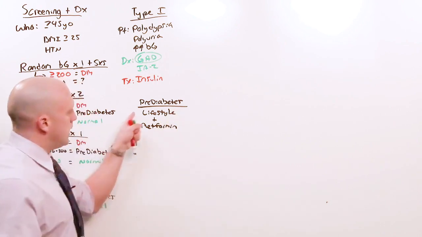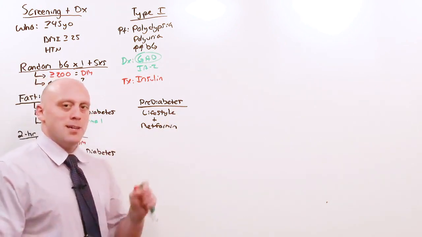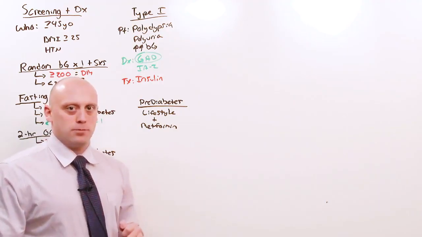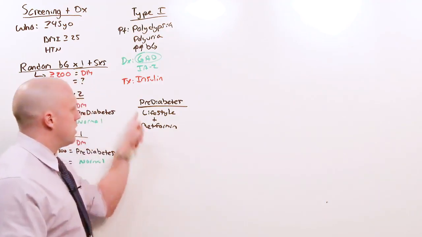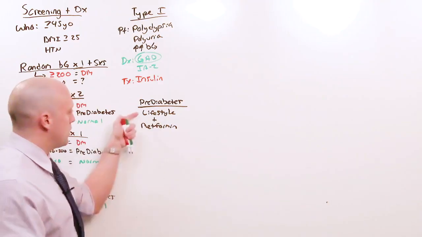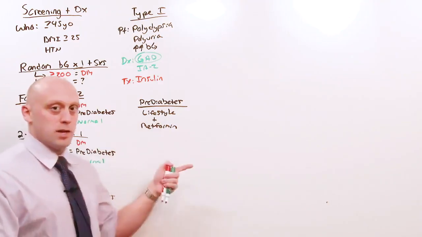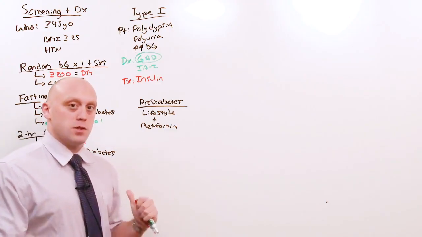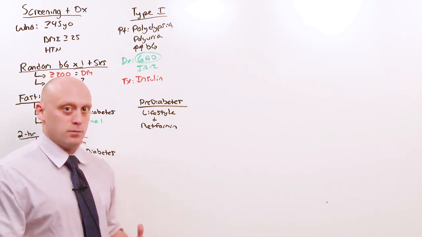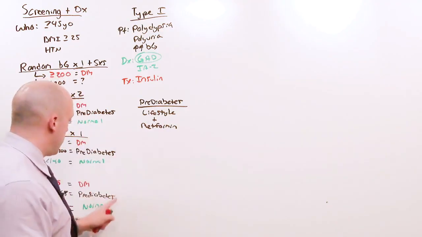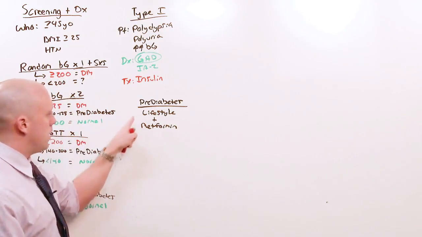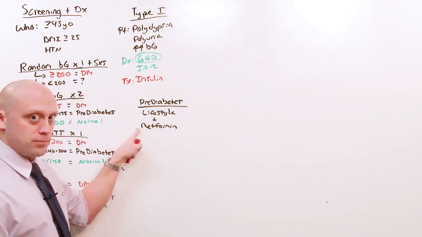Eat better, exercise, lose weight, and start metformin. Medication is indicated at the onset of prediabetes. Both of these things have been shown to prevent progression of diabetes. You reverse the A1C, you get it back down below 5.7. So even if they're in the pre-diabetic range, you're going to treat with lifestyle and the medication.